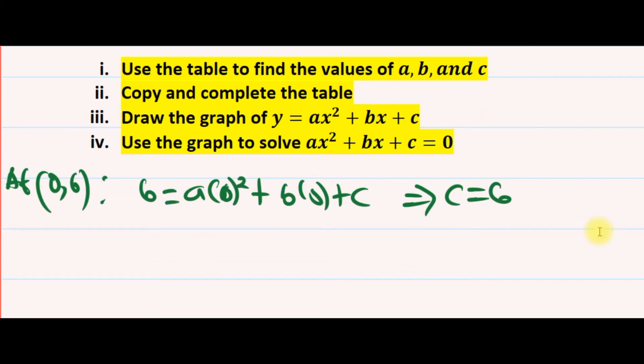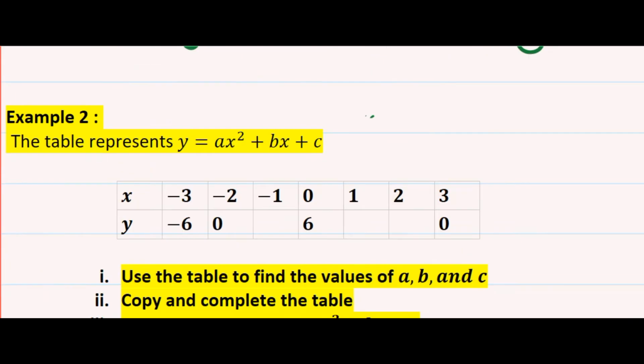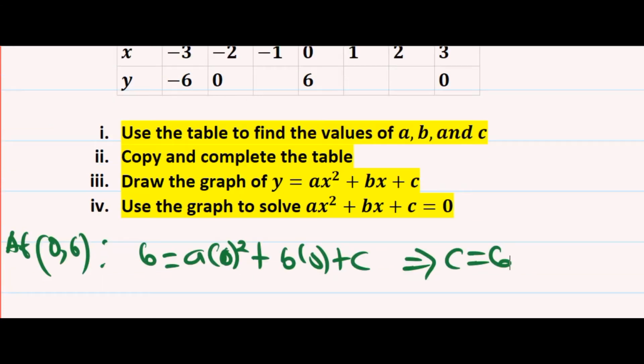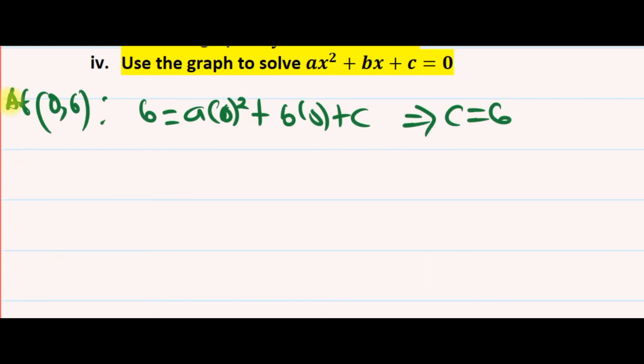The second one is to now choose the other point, which is minus 2 comma 0. I told you the best points to choose are the intercepts, but I started with the y-intercept to get the value of c first, because assuming I started with the other one, I won't get the value of c. So the other one is minus 2 comma 0. That's the x-intercept.